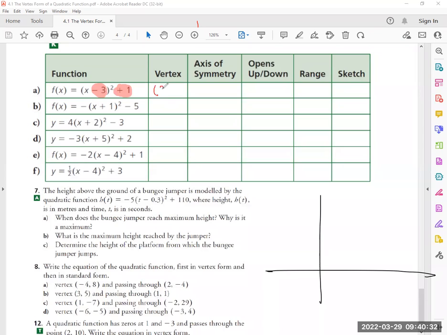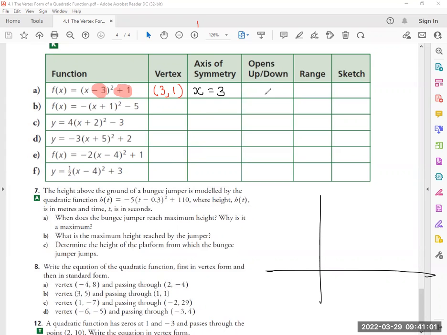The vertex is (3, 1). And if you know the vertex, you automatically know the axis of symmetry. What is the equation for the axis of symmetry? Go ahead. Yeah, because it's right there, right? x = 3.